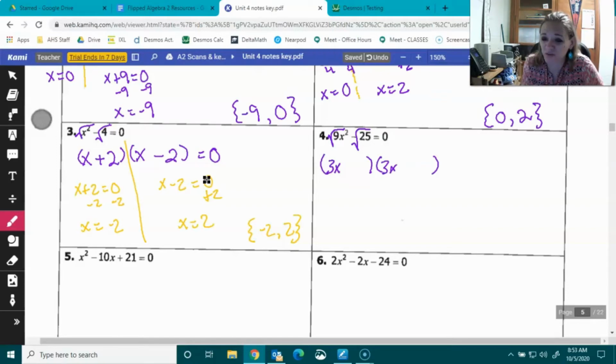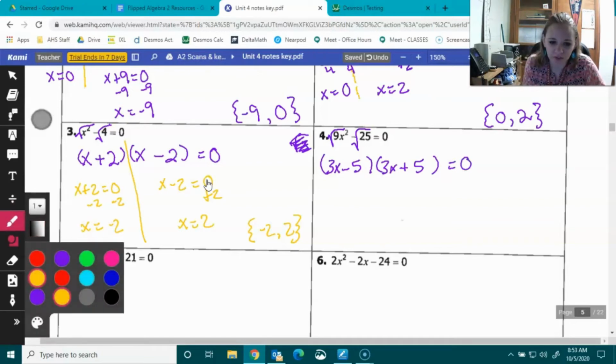Okay, if this was a plain old x, we couldn't do this, because we can't simplify the square root of x. Because it's squared, I can square root it. The square root of 25 is 5, so we put that there. And then I want both of my signs different, so that way that'll result in getting my negative. Set that equal to 0.